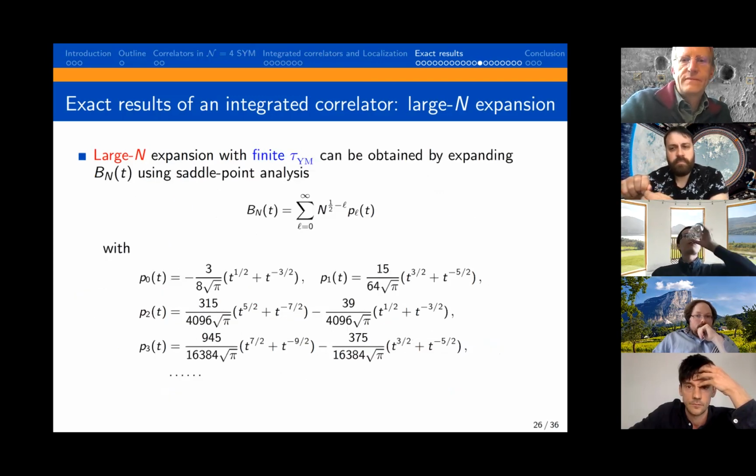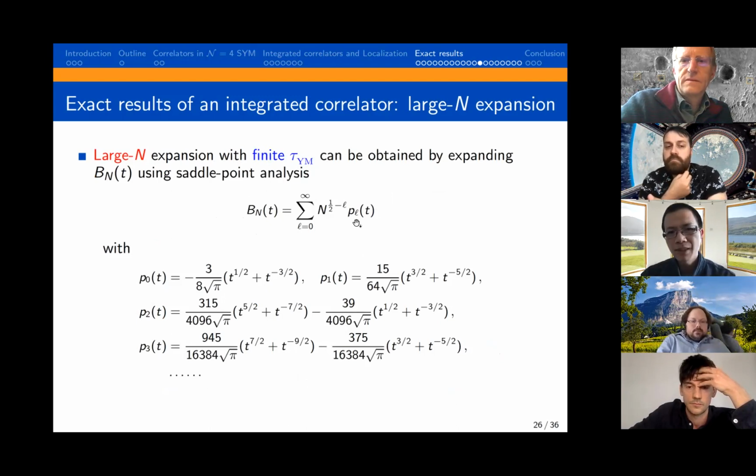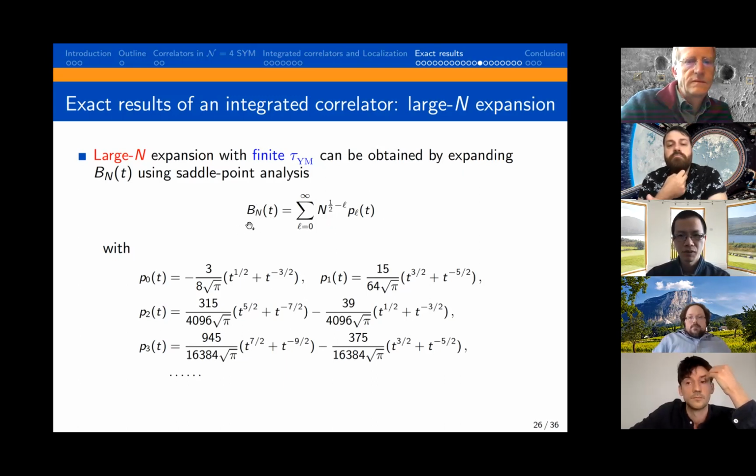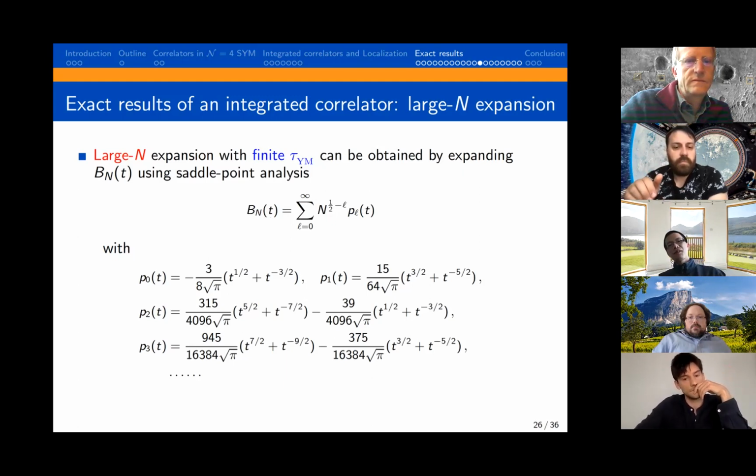Right. So the final limit I would like to take is the large N expansion at finite coupling with finite theta angle. To do that, what we did is try to do a large N expansion for the integrand, this B_n. Normally, you cannot just expand the integrand.